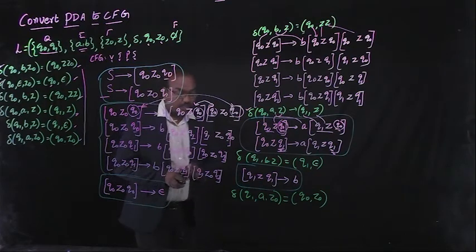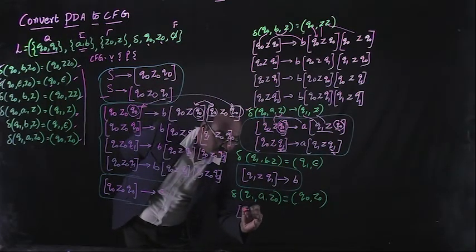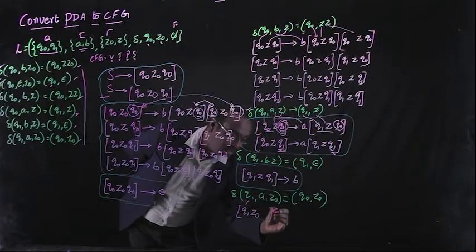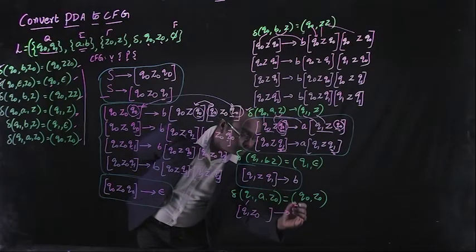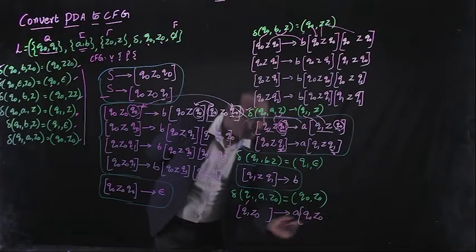Then how to write the production rule for this transition function? First I have to fill with the state Q1, symbol Z naught, just leave this place empty, tends to input symbol A and Q naught Z naught, and this place is filled with the possible combination of states.